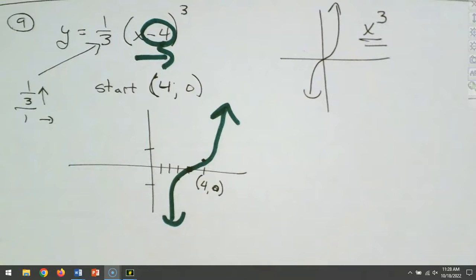And once you start doing these, you'll find that they are very easy. It's just making sure that we set them up correctly. Question 10. Question 10 is the greatest integer.